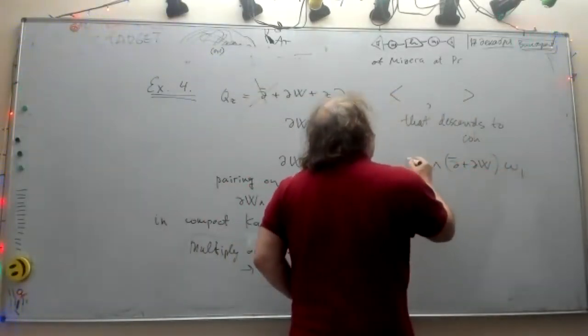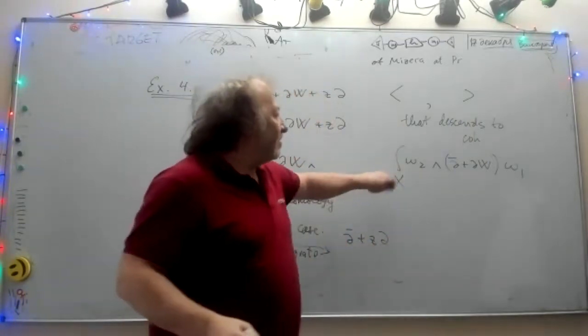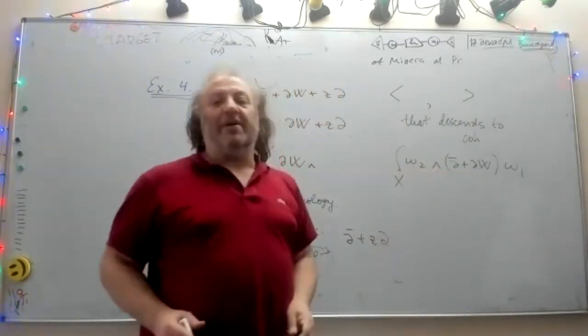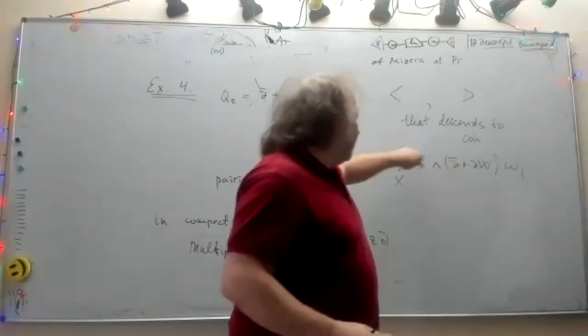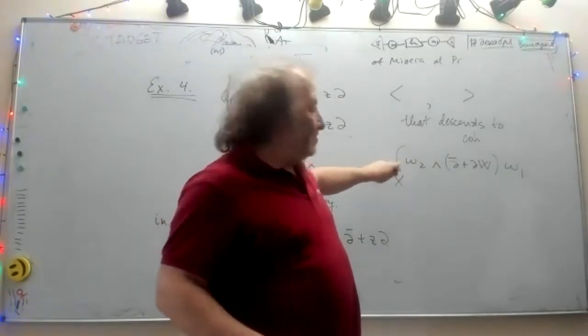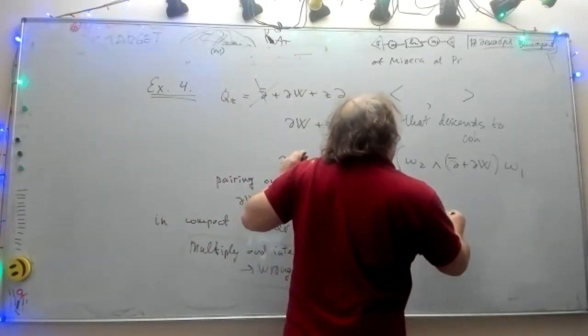So let us see what goes wrong in the compact case. Sorry, what goes wrong here? Why wedge is not a proper pairing? It's because when you differentiate by parts, this goes to d bar minus.